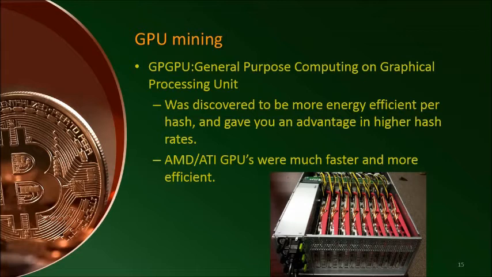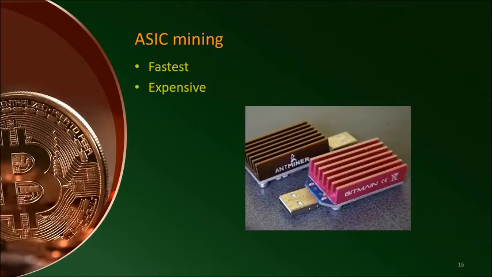So you can see an example picture of GPU mining. There are several graphics cards or processing units. They are mining for Bitcoin. It can be Bitcoin or any other cryptocurrency they are mining.